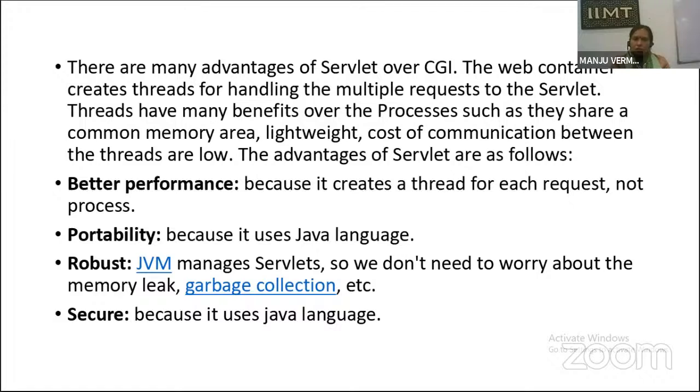Robust, JVM manages servlets, so we don't need to worry about memory leak or garbage collection. And it is secure because it uses Java language. Once again, it is secure also because Java language automatically provides safe security.